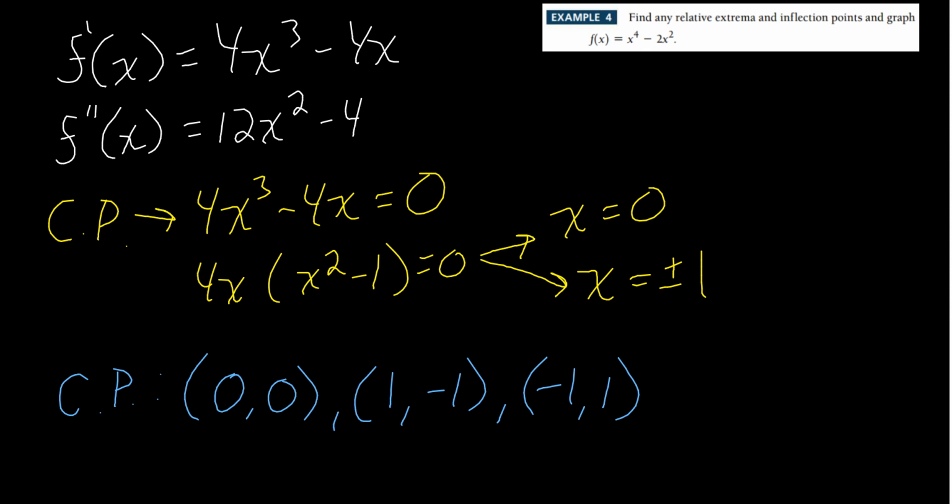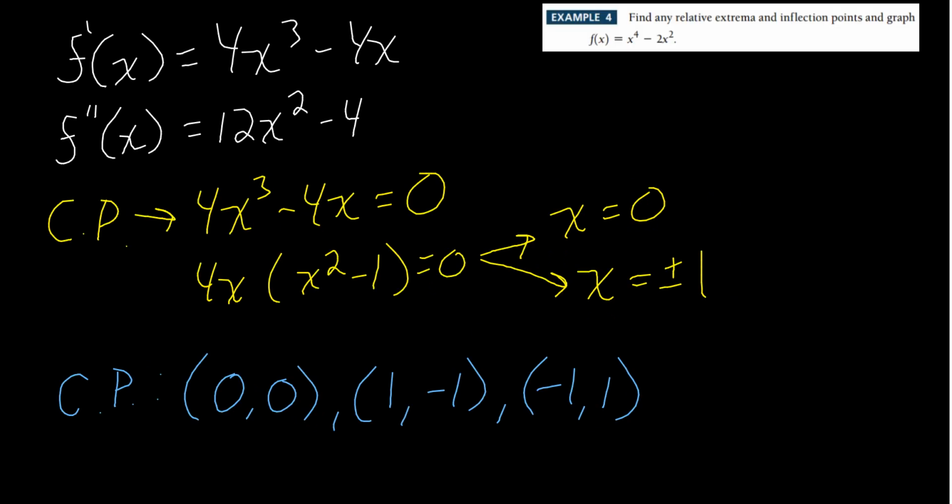The next thing we need to do is figure out if they are minimums or maximums. So again, 0, -1, +1, that's not hard to remember. Critical points were 0 and ±1.